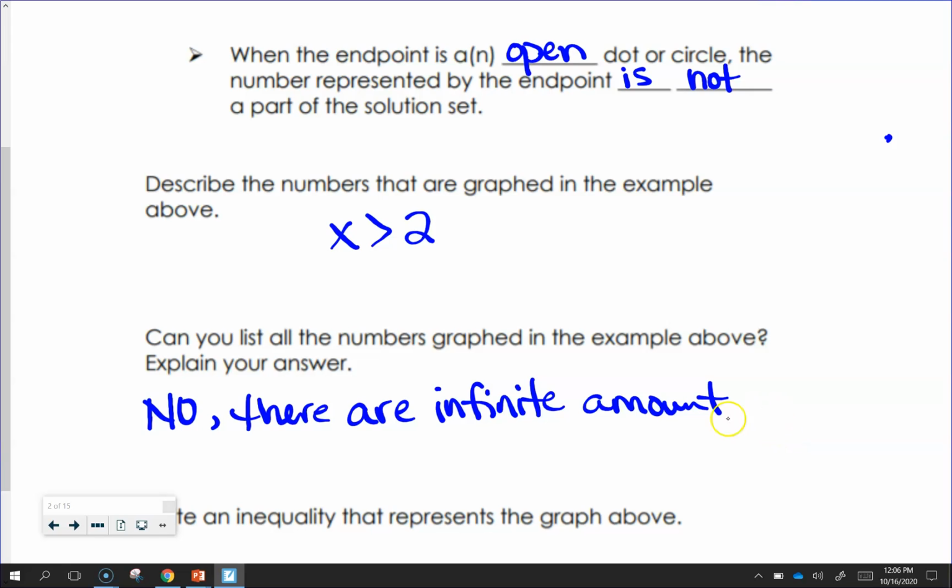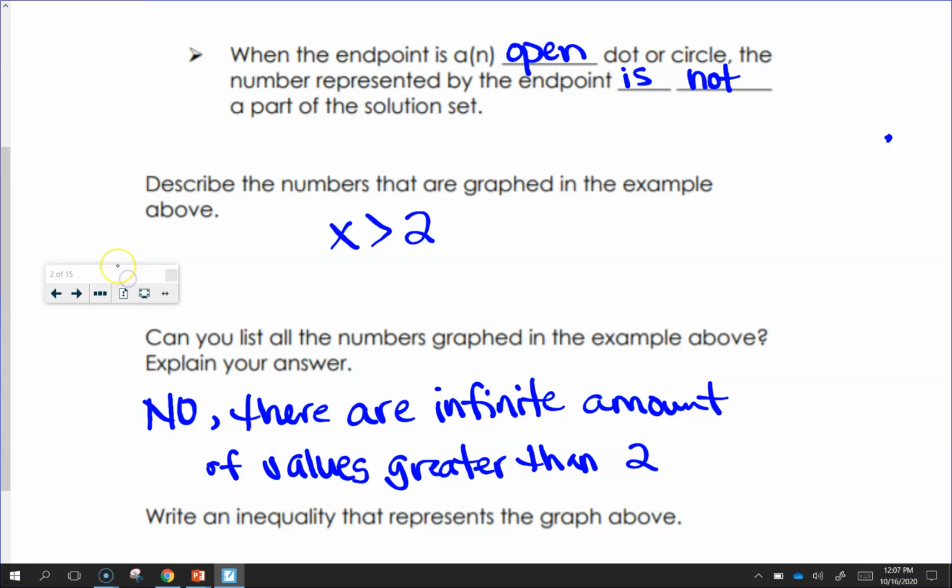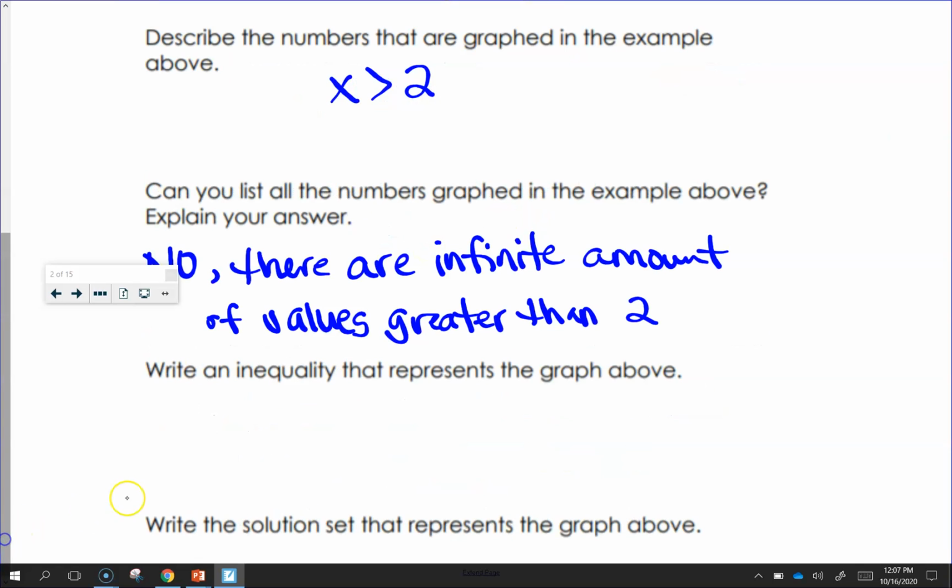There are an infinite amount of values greater than 2. They go on forever. Oh, I did that in the wrong spot, didn't I? You were supposed to do that down here. This had to describe the numbers.